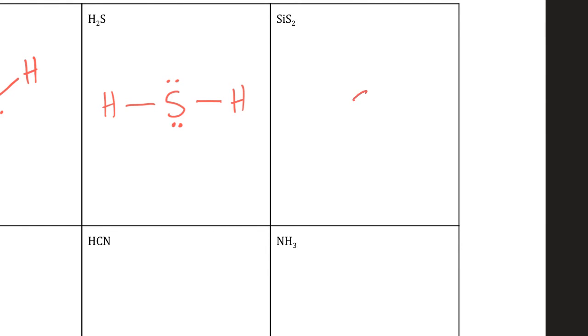SiS2. So let's put Si in the middle, and let's put one S on each side, like this. So that's how we're going to start off. And so we've got silicon, which has 4 valence electrons, plus 2 sulfurs. Each sulfur has 6.